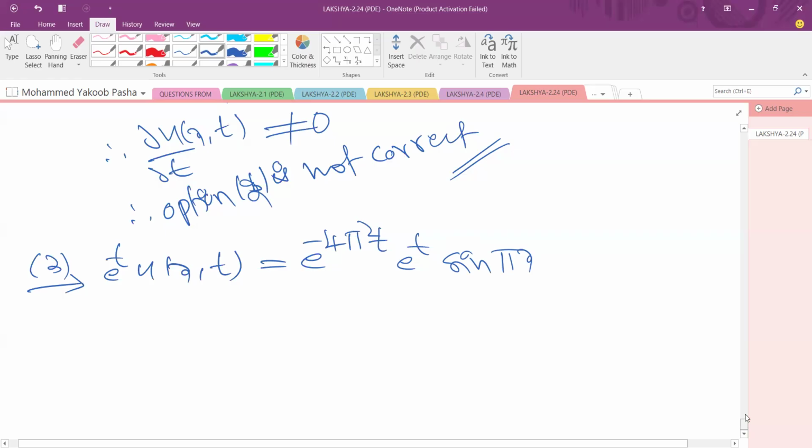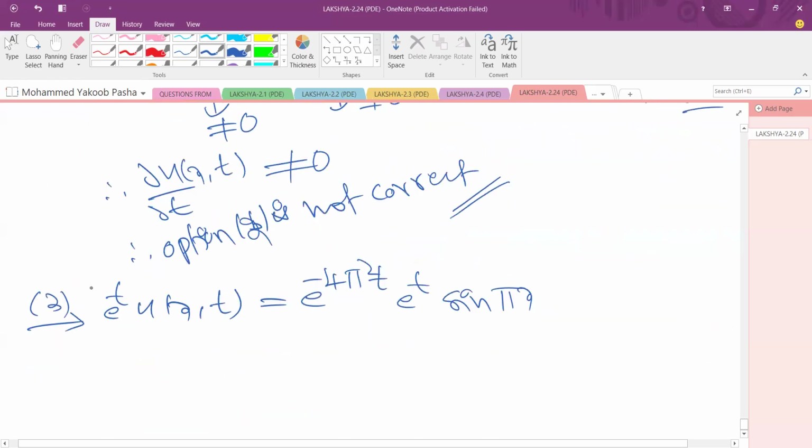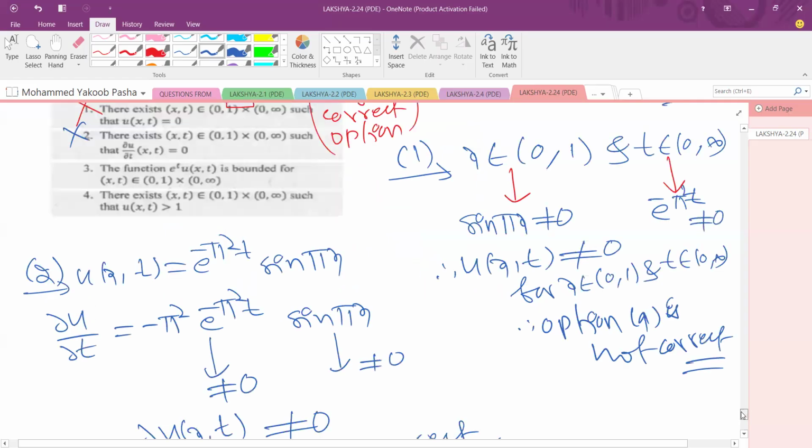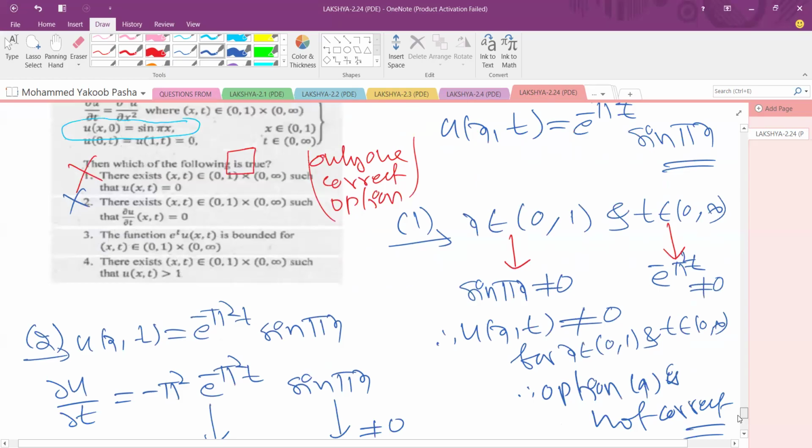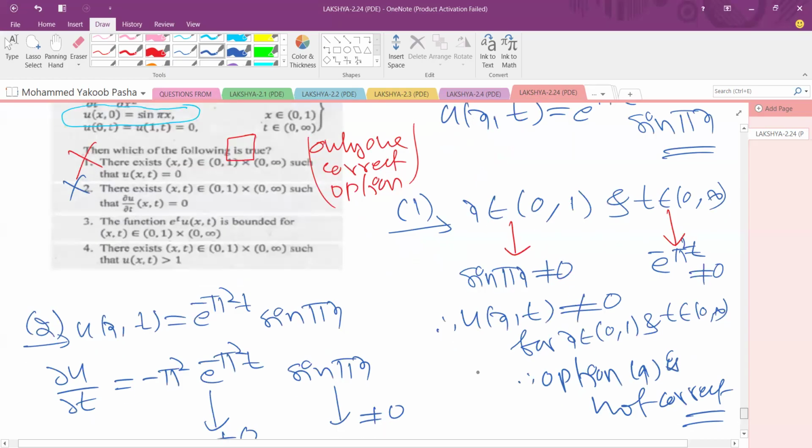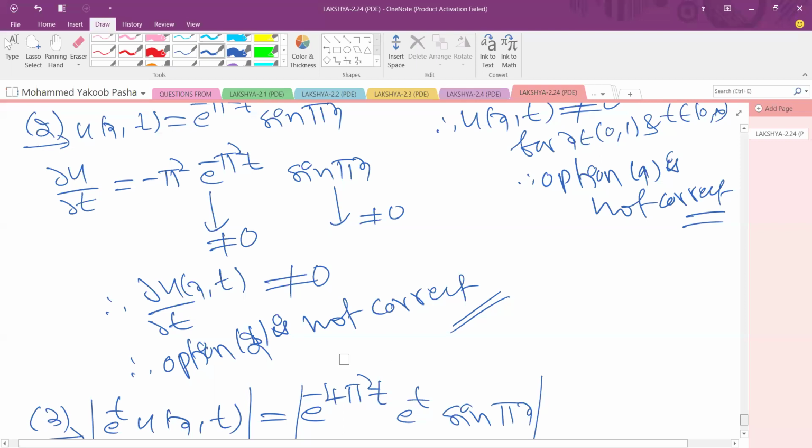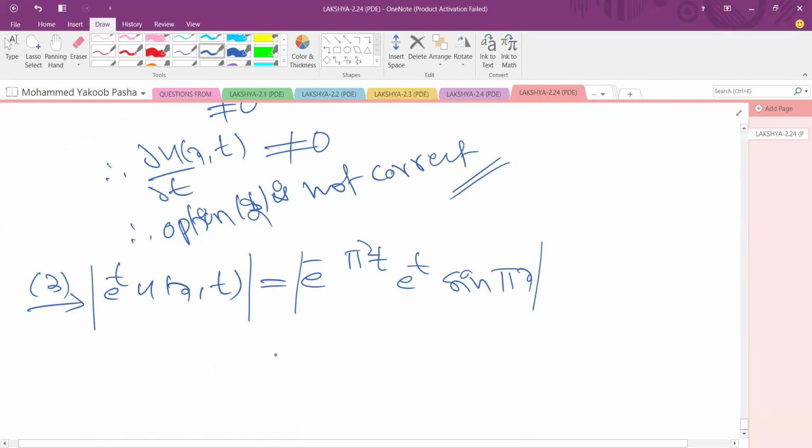Since it is said to be bounded, I am taking the modulus. Modulus of e power t into u of x comma t, that is e power minus 4 pi square t. So we can write it as modulus of e power 1 minus pi square t into sin pi x.